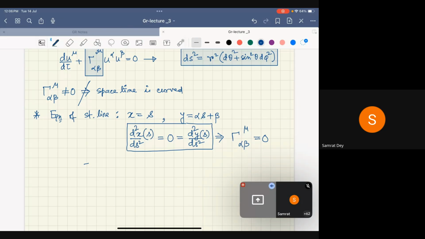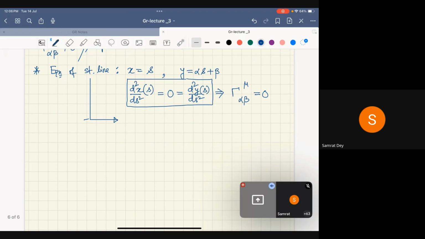However, if you try to write down the equation of the straight line not in a linear parametrization or in the Cartesian system, but you use the polar system, polar coordinates, and yesterday I explained why this is the equation.